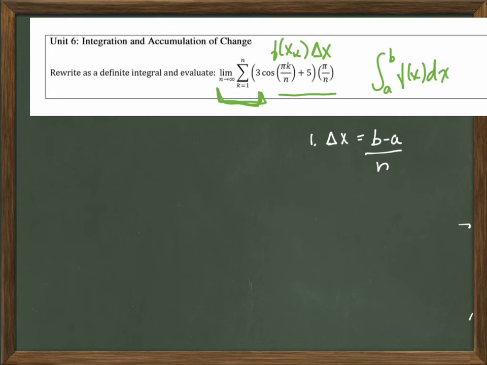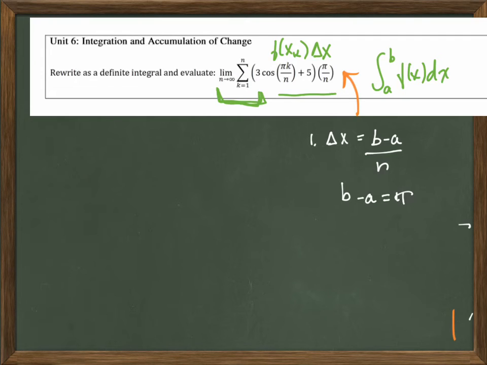Now, if you're trying to figure out what b and a are, you don't really know. You just know so far that b minus a is equal to pi from this right here, okay?